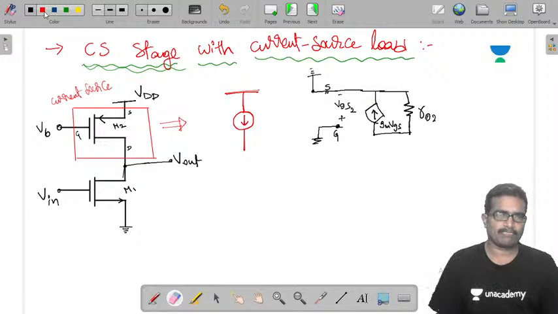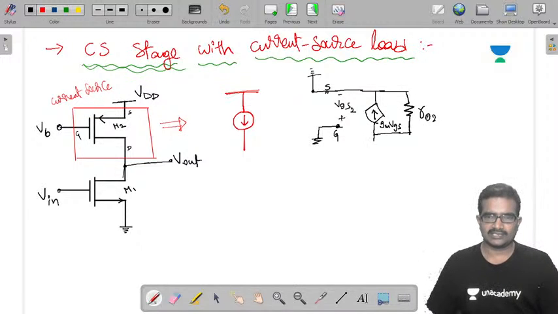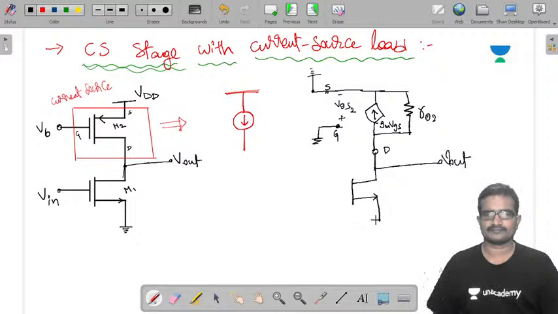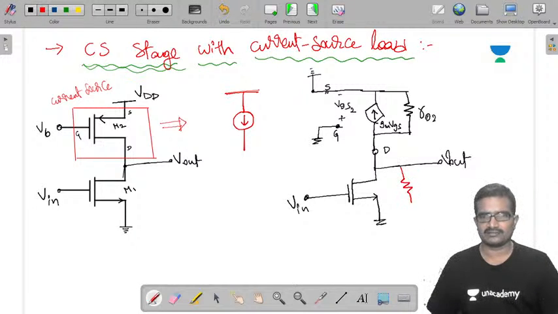Now this is the drain terminal, so the drain is connected to the output here, and here we have the device like this. The output impedance between the output terminals for the device you are using is R01. R01 is the output impedance of this.